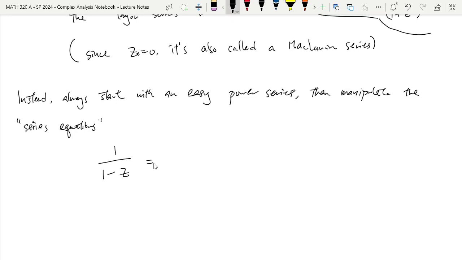There are several ways to remember it. The first way is if once upon a time you memorized the geometric series, have any of you ever remembered the formula for this from discrete math 150 or earlier?